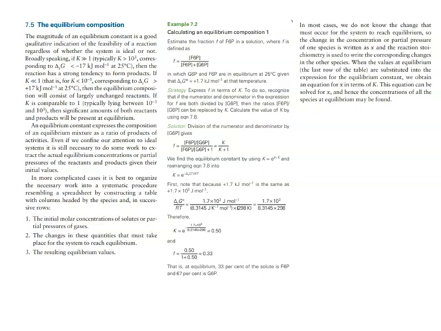So the change in the concentration or partial pressure of one species is written as x, and the reaction stoichiometry is used to write the corresponding changes of the other species. When the values at equilibrium are substituted in the expression for the equilibrium constant, we obtain an equation for x in terms of K. This equation can be solved for x, and hence the concentrations of all species at equilibrium may be found.